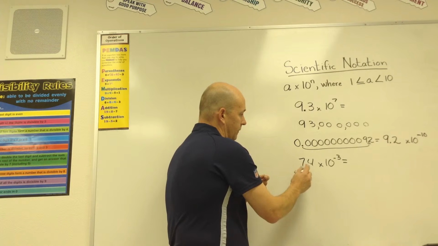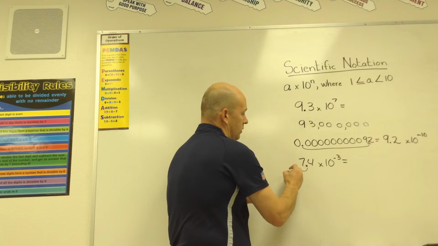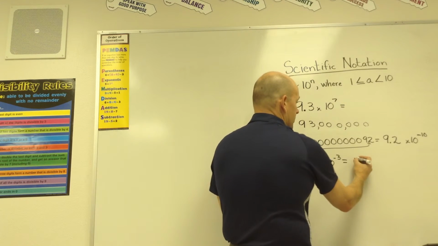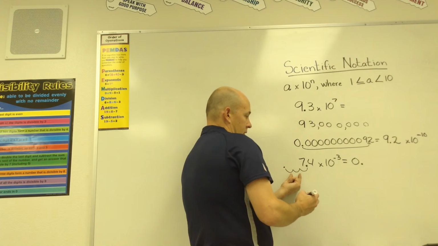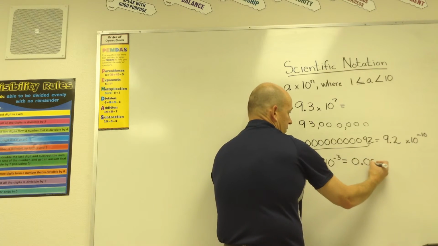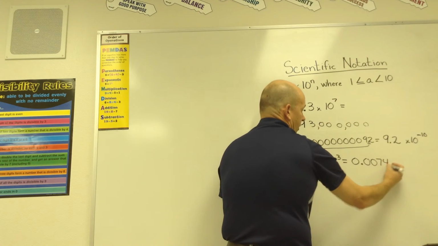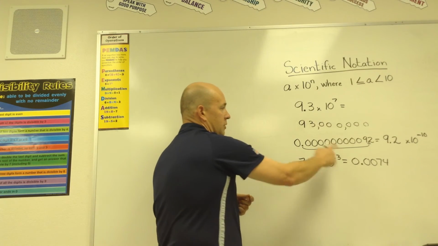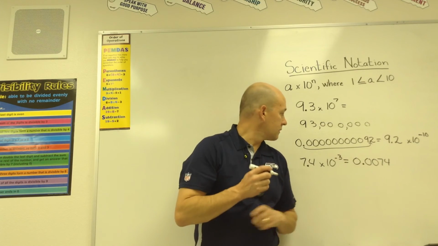So what I end up with is taking it back 1, 2, 3. Now my decimal point's out here. So I can put a 0 there to hold it. And then I put my decimal point, and I have 2 zeros, 0, 0, 7, because there's the 3 places I move the decimal point, and I put my 4. So 7.4 times 10 to the negative third is the same as 74 10,000ths.